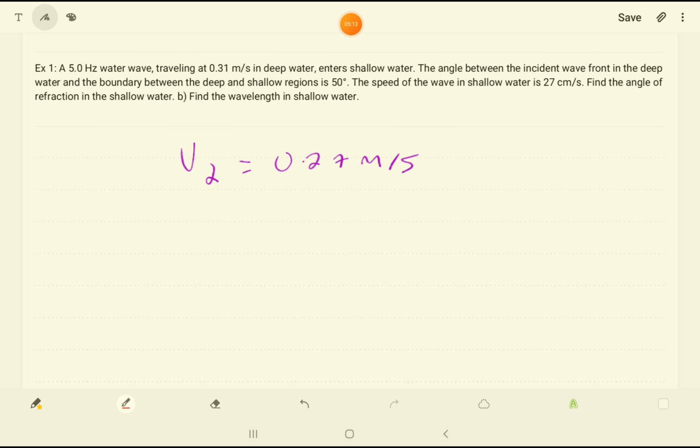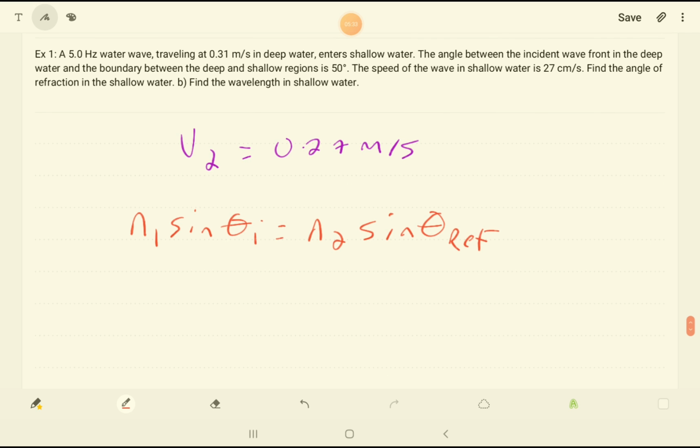Now we're going to combine a couple of equations here in order to isolate and solve for what it is that we're trying to look for. We know that Snell's law is n1 sine theta i equals n2 sine theta refraction.